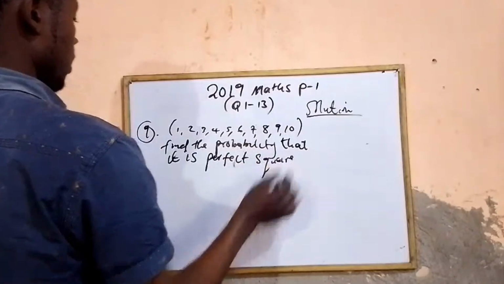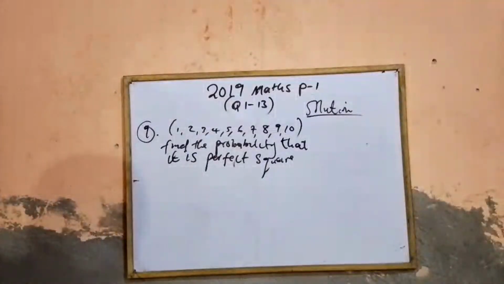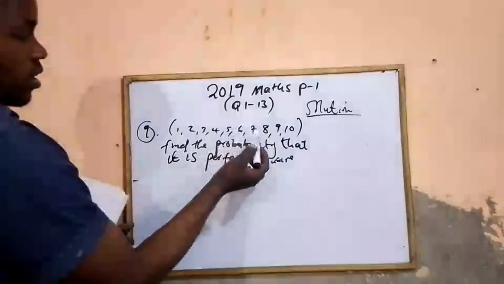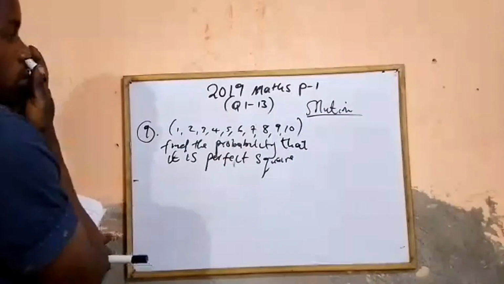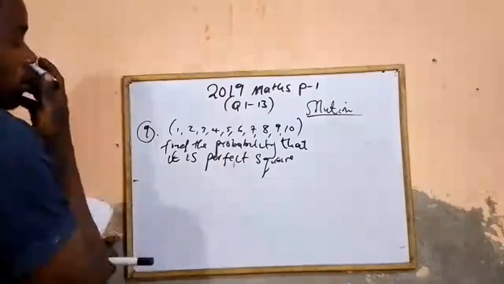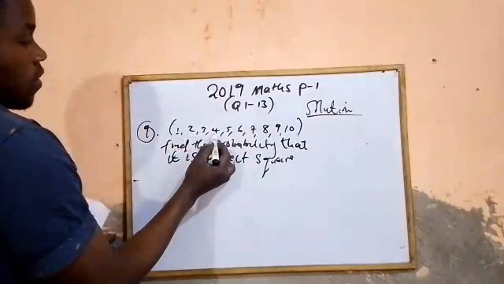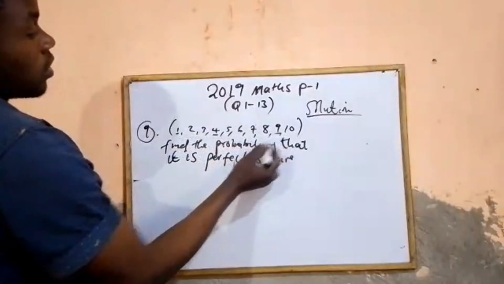So we have to find the probability of getting a perfect square number. So the perfect square numbers from this set here, these are numbers whose square roots don't give decimals. So we have 1, 4, and 9.